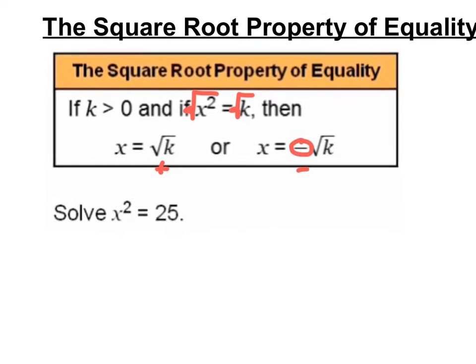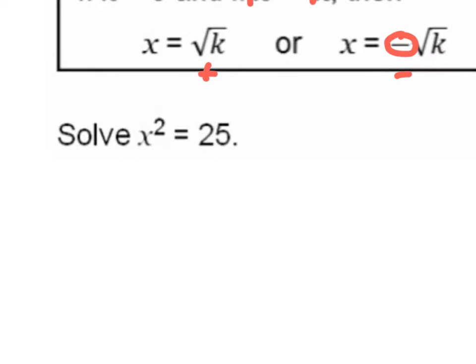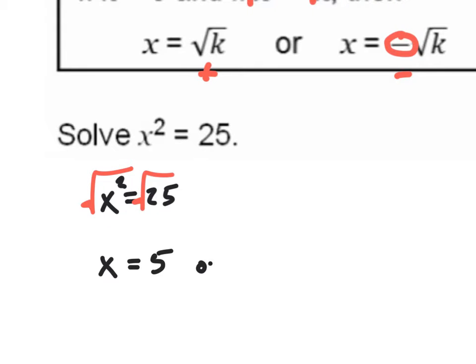So if I had x squared is equal to 25, I'm going to take the square root of both sides. If I take the square root of x squared, that's just going to give me x. And that's going to end up giving me x equals 5 or x is equal to negative 5.